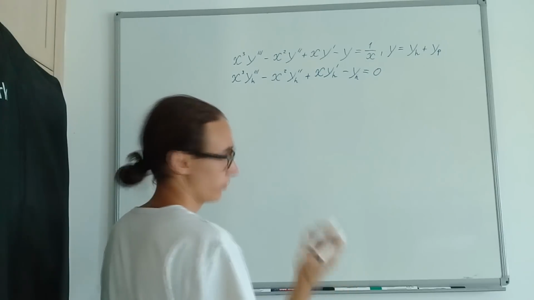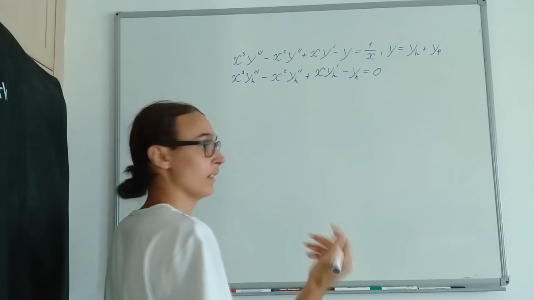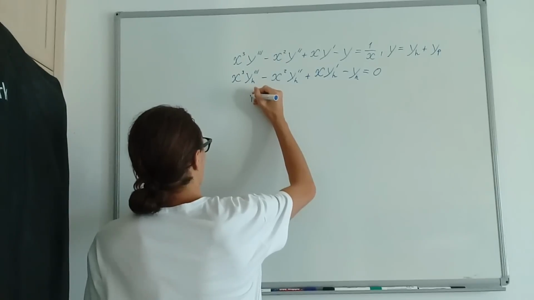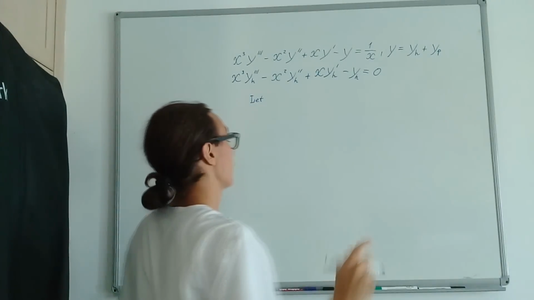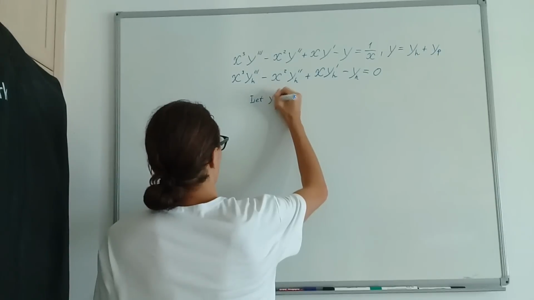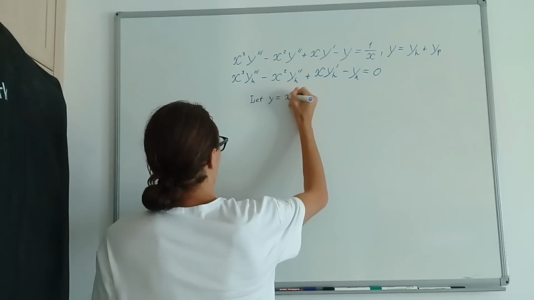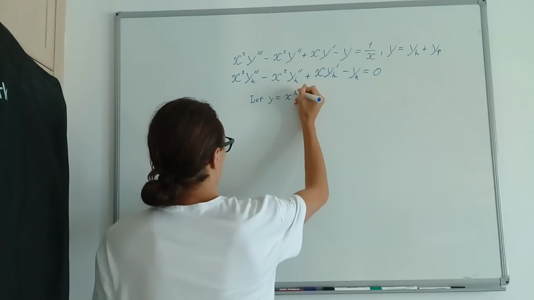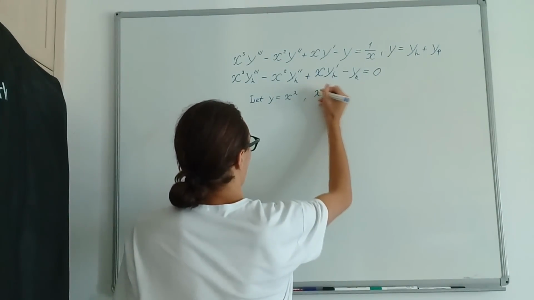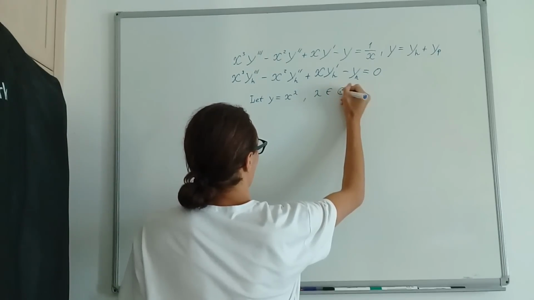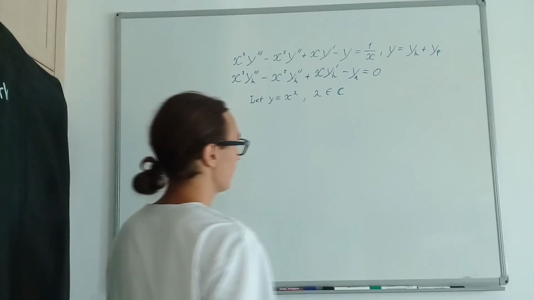So one way of doing this is to solve using a trial solution. So we can let y equal x to the lambda, some lambda. Lambda can be complex, such that lambda is an element of the complex numbers.